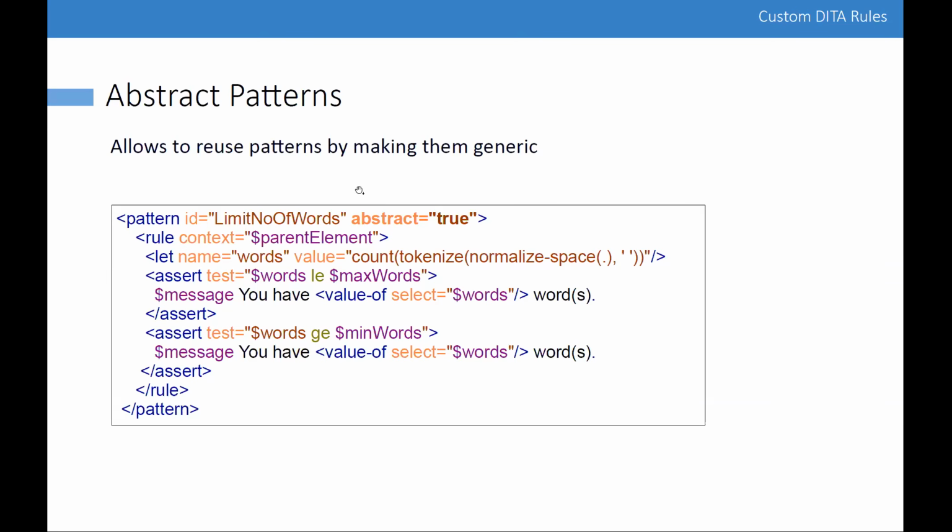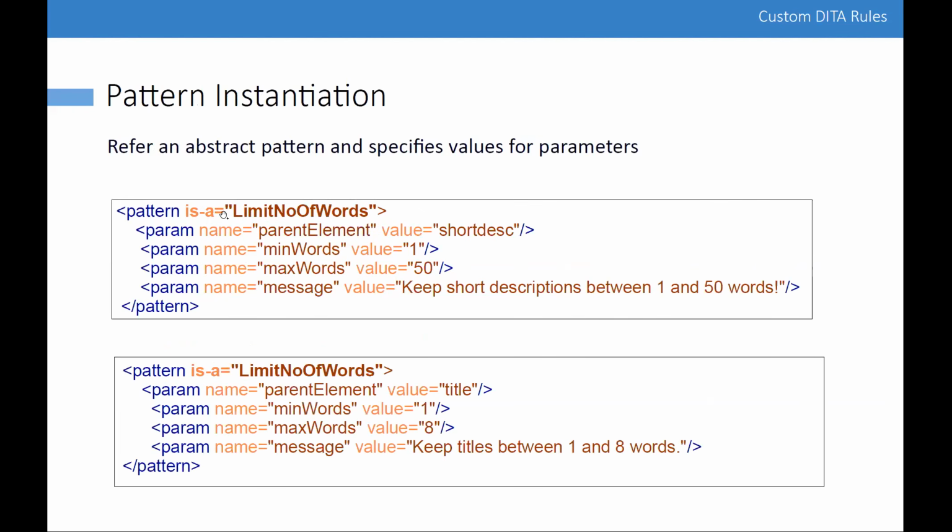And in order to implement this, the parameter should be provided. So what happens in our implementation of intelligent style guide is that the parameters that are set in the style guide are passed to these abstract patterns, and the concrete implementation of the Schematron is created.